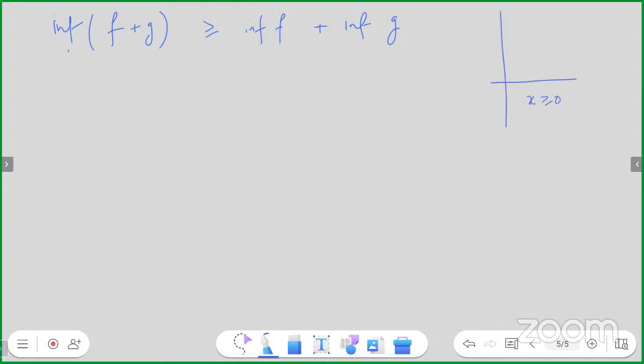I'm infimizing over x greater than or equal to 0. Now what happens? f of x is x and g of x is minus x. So what's the left hand side? What's the right hand side? You still get minus infinity.